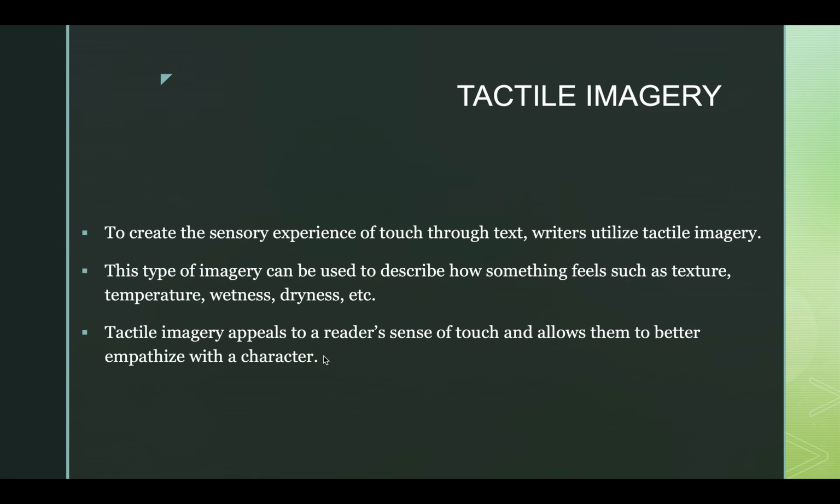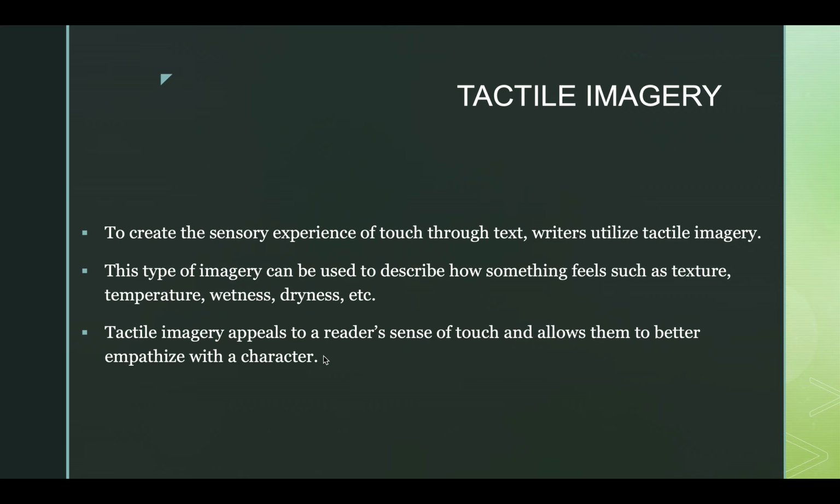Another one is our tactile imagery. Now, tactile has to do with touch. So this is where the writer will be using words that have to do with texture. It might have to do also with how things might feel around you.